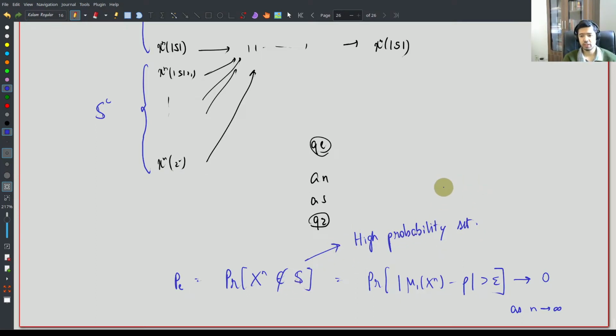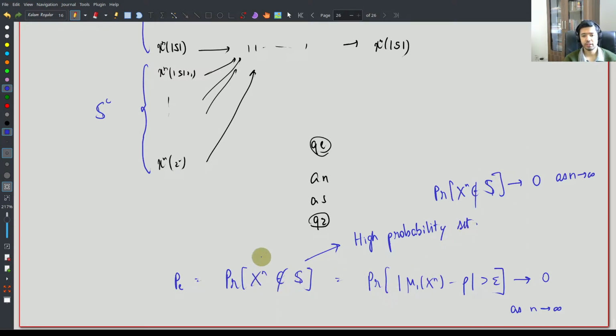So any set for which the probability that a random sequence drawn from whatever distribution is not in S, if this probability tends to 0 as n tends to infinity, then we say that this set is a high probability set.